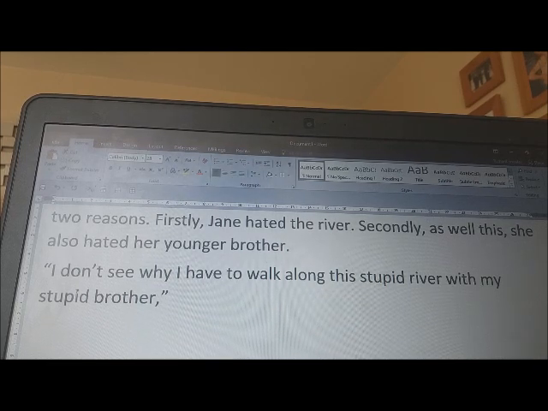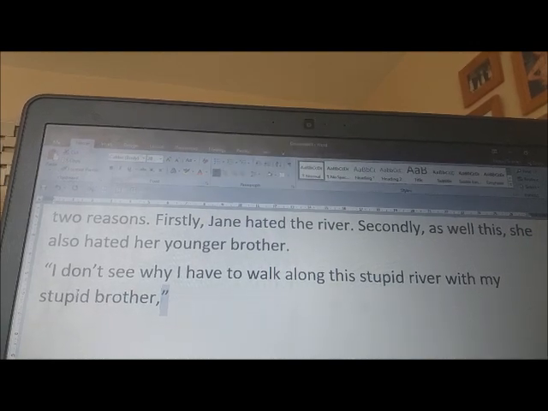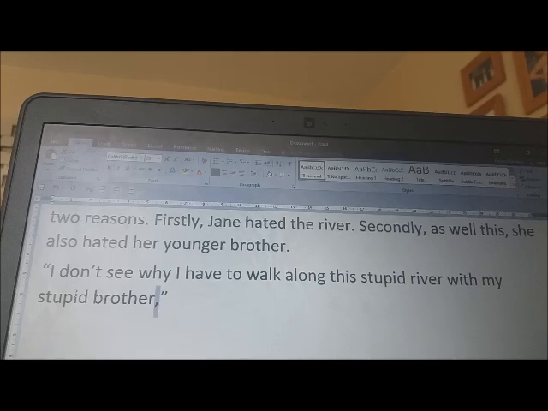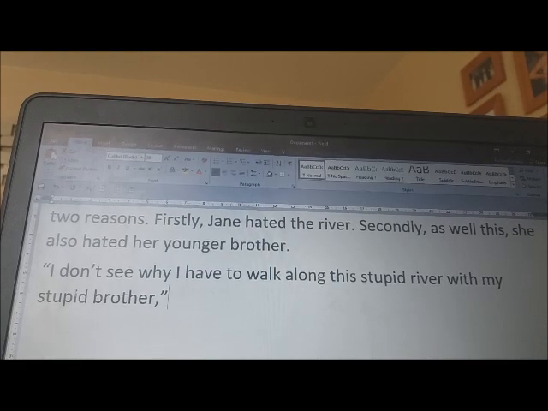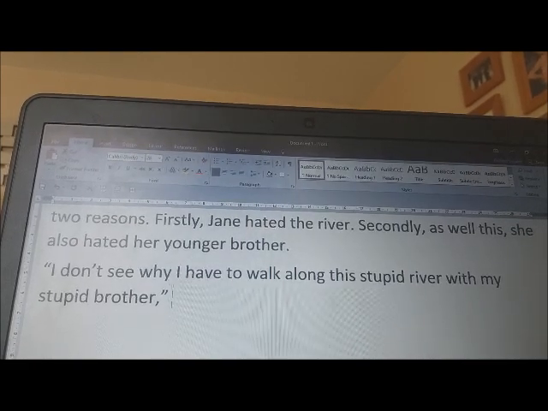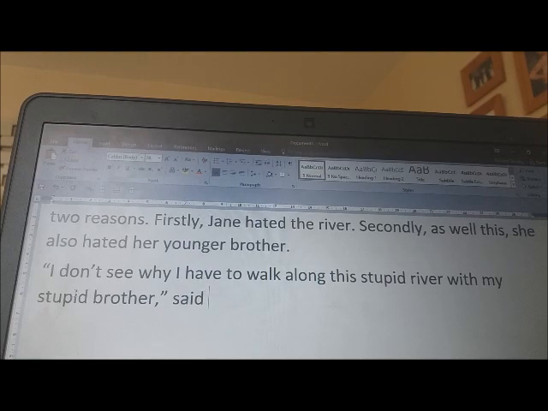Then there is the close speech marks. Now remember, when you put the closed speech marks, this must be after the comma. Okay, so there is the comma, and then the closed speech marks go after. I don't see why I have to walk along this stupid river with my stupid brother, said Jane. We can use said.